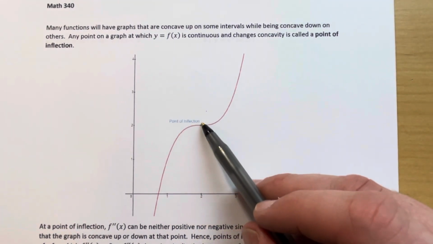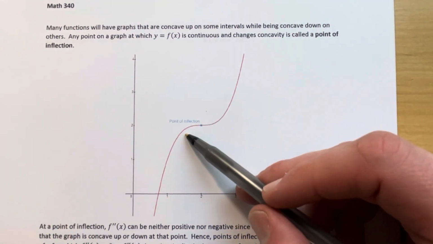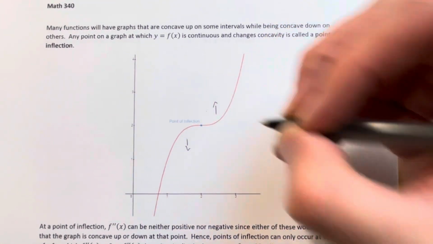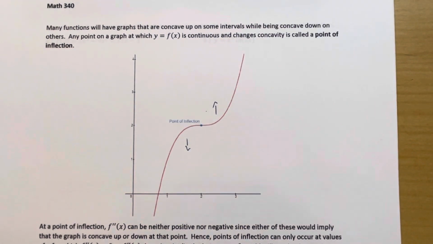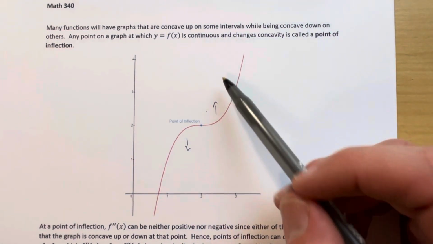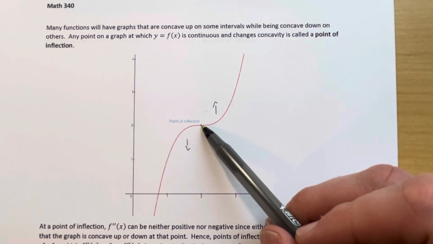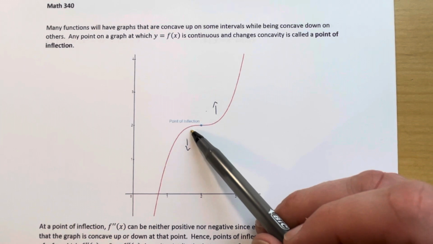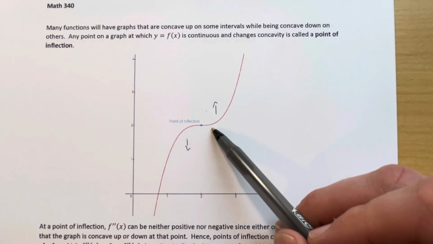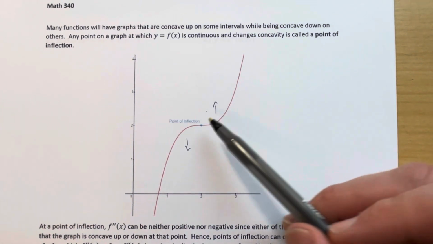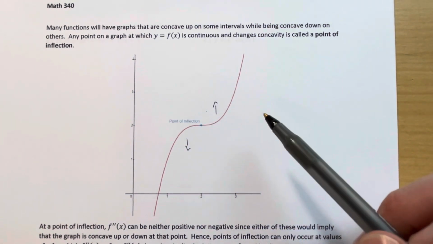But then it's going to pass through this point and it's suddenly going to switch from being concave down to being concave up. So we had a change in concavity occurring there. On the graph of any function, if the function is continuous at a particular point where concavity changes as you pass that point, we call that a point of inflection. So that's going to be an important term in this section, point of inflection.